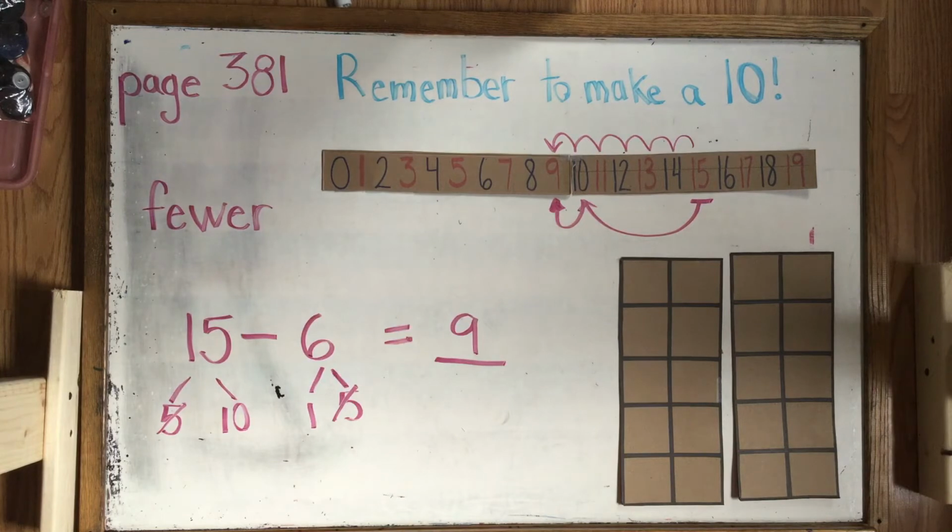All right, let's go to page 383. We're going to do number 1 and 2 together. It says, how is your way like model it? How is it different?